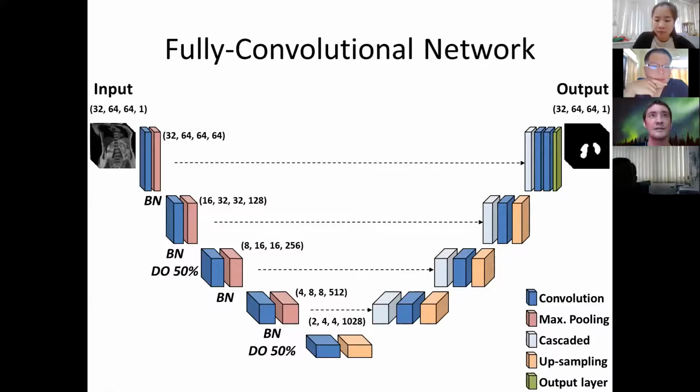This is the fully convolutional network, otherwise known as a 3D UNet or VNet for volume net. Dr. Sujit spoke about this in his keynote presentation on the website. Essentially there are two sections. There's a downward section, which is known as an encoder.